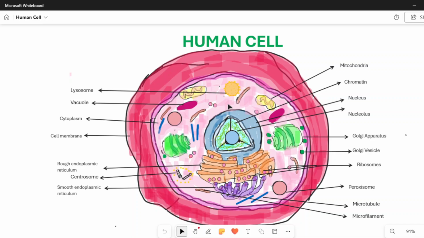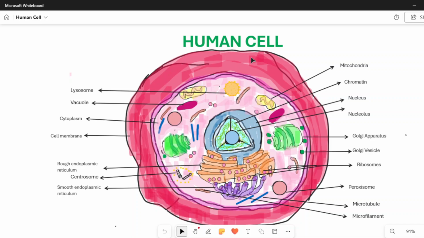A human cell is the smallest unit of the human body. The whole human body is built upon this smallest unit, the cell. When the cells multiply and grow, they become human beings.